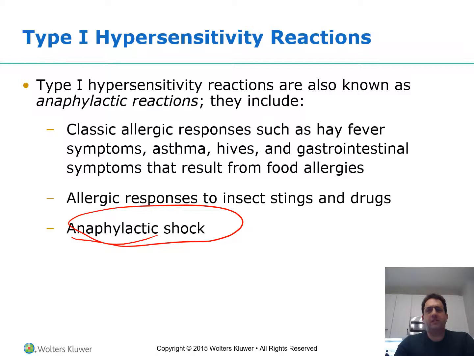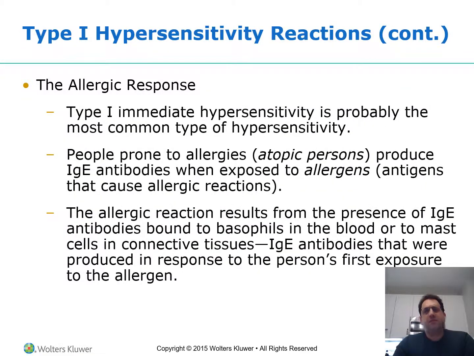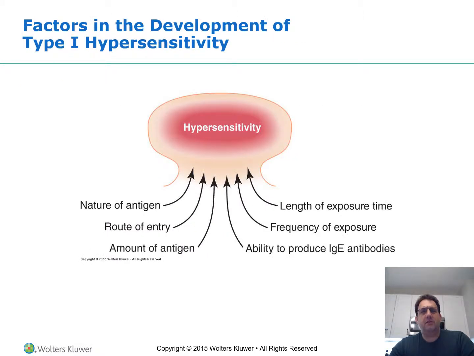And this could be a result of food allergies, bee stings, drug allergies, all sorts of stuff. The type 1 immediate response is probably the most common type. If you are prone to allergies, you make these IgE antibodies, and then the allergic reaction results from these antibodies being bound to mast cells or basophils, and that drives the chemical reactions we talked about.